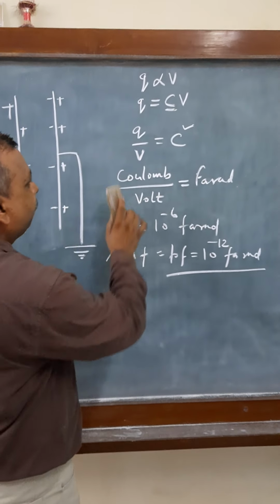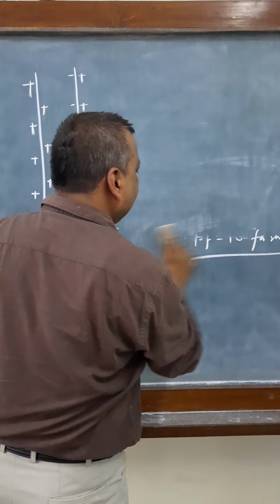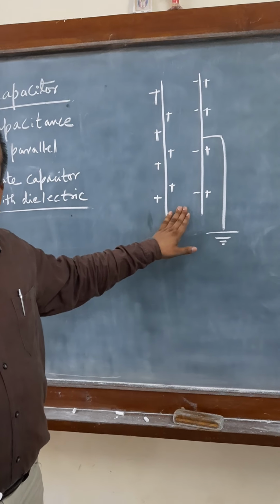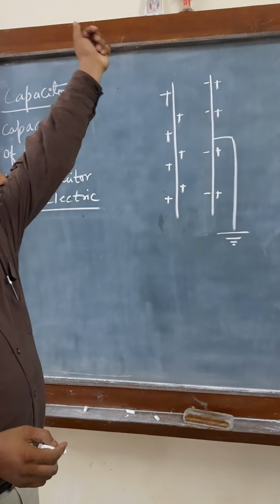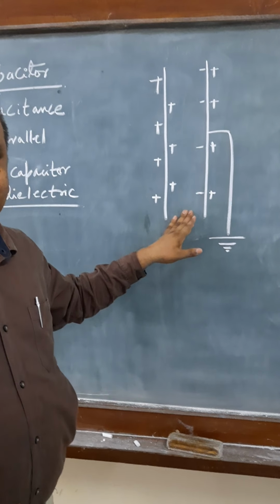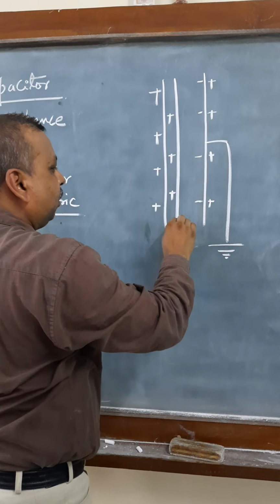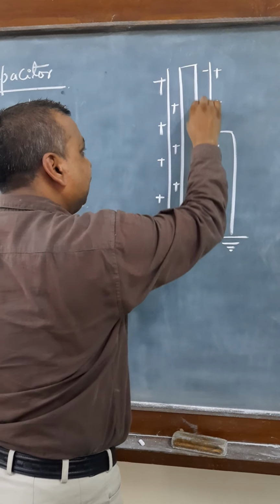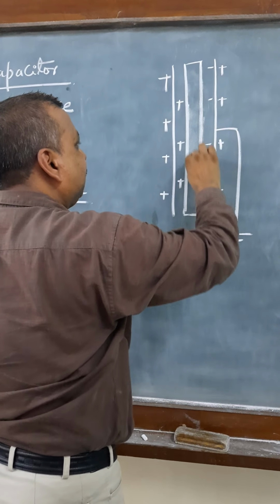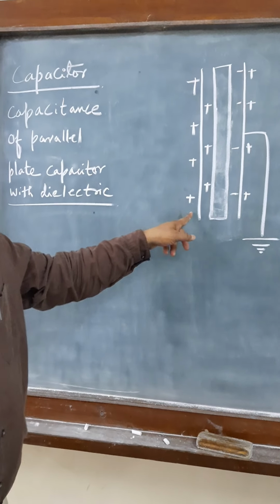Now we will find the capacitance of the parallel plate capacitor. This kind of arrangement is the parallel plate capacitor. We have to find out its capacitance when a dielectric slab of thickness t is inserted between the plates of the capacitor.